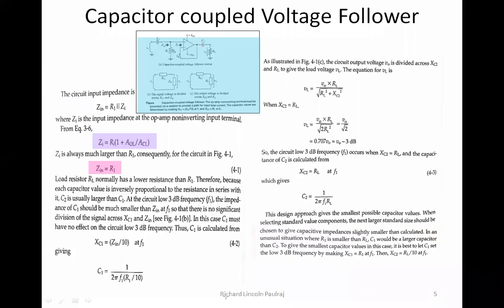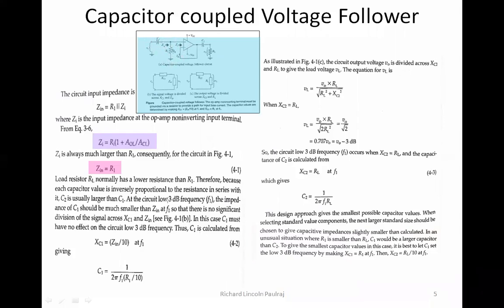Capacitor and resistor are inversely proportional, so if RL is too small, then the coupling capacitor C2 at the output side is going to be high. If Zi is too high, then the coupling capacitor C1 will be low.